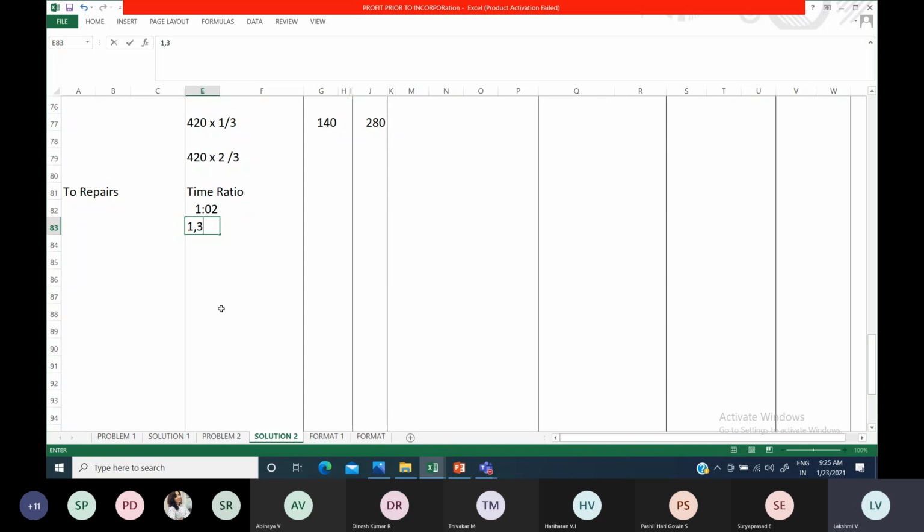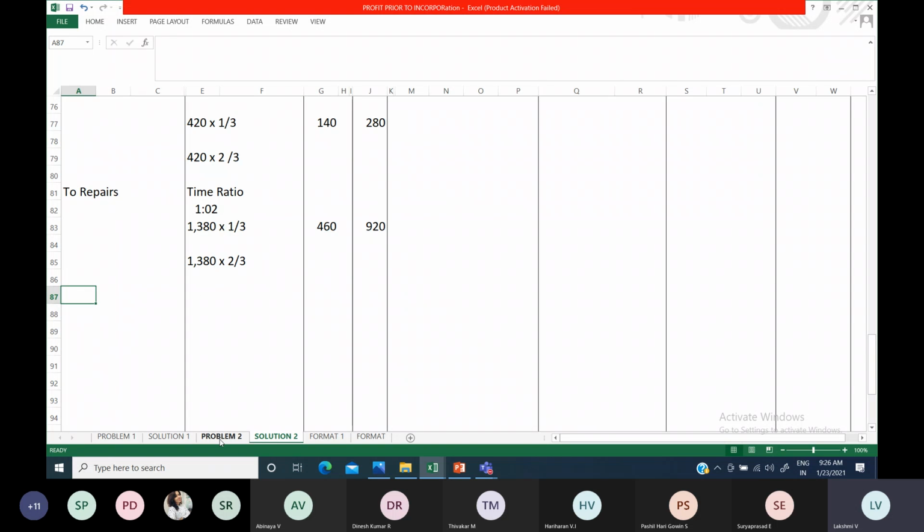So 1380 into 1 by 3 for the pre-column. Again for the post column, 1380 into 2 divided by 3. So this is for the post column. So try to enter the amount 1380. 460, ma'am. 460. For the post column, 1380 minus 460, 920. Okay, so I'm getting 920 here.